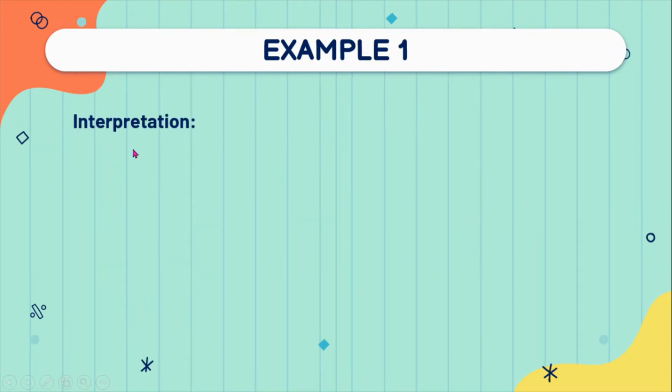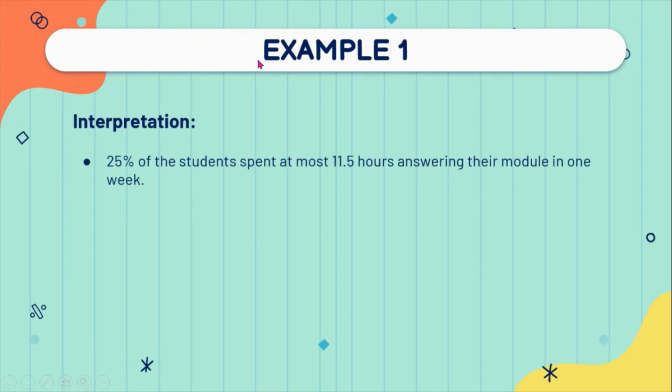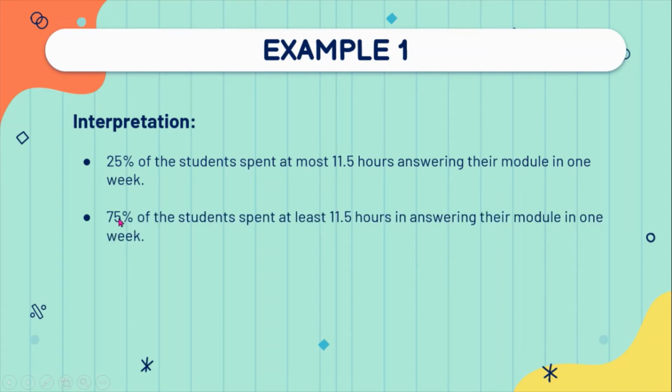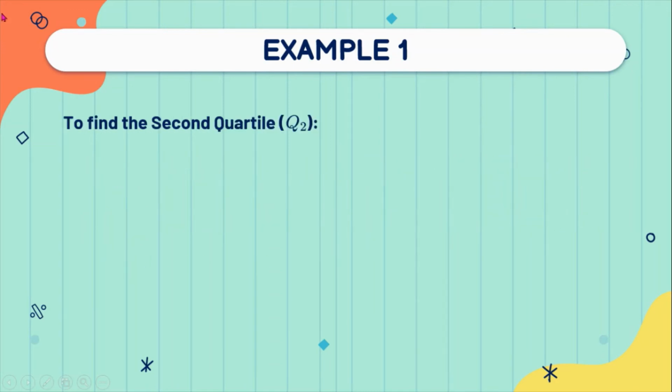Since our first quartile is equal to 11.5, how do we interpret it? That is, 25% of the students spent at most 11.5 hours answering their module in 1 week, or 75% of the students spent at least 11.5 hours answering their module in 1 week.